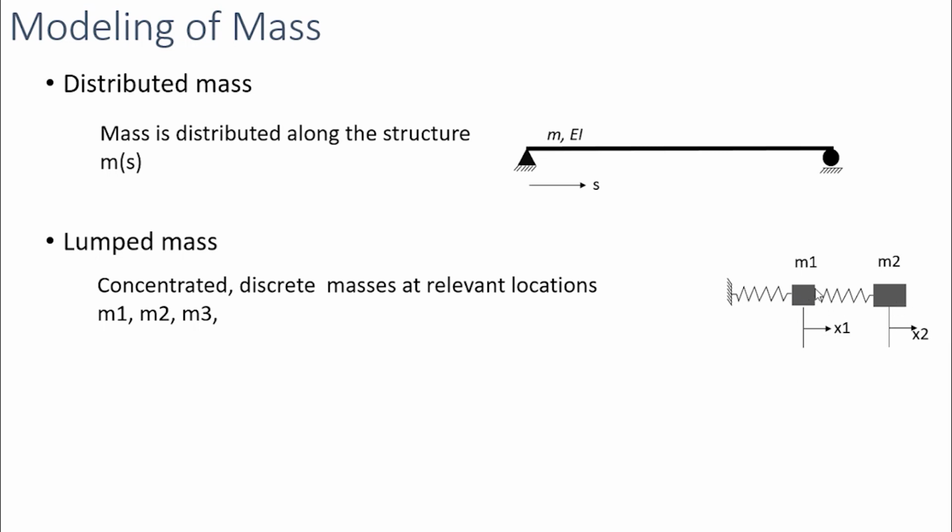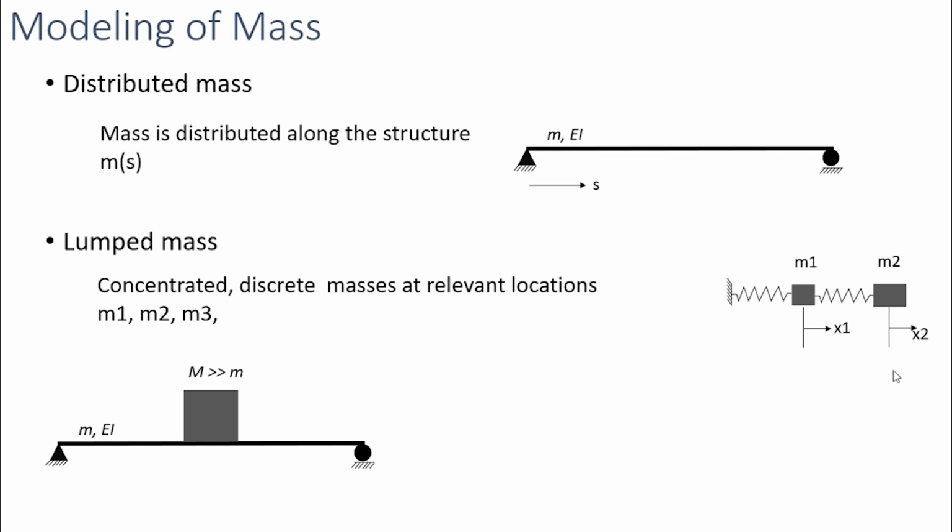Here, a concentrated mass is attached to a massless spring. This spring gives stiffness, and the mass is assumed to be concentrated at this particular position. And again, another mass is treated as a concentrated mass at this particular position.